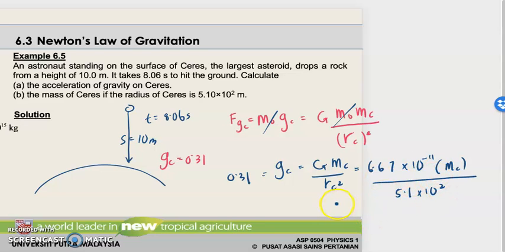So using this equation, we can solve for MC, and MC is simply 1.21 times 10 to the 15 kilograms. Alright, so that is it for your problem for this chapter.